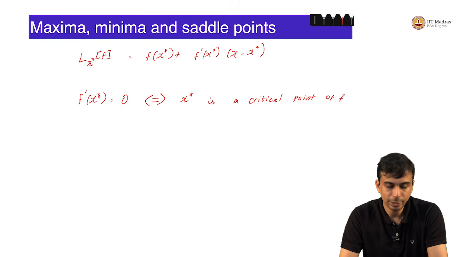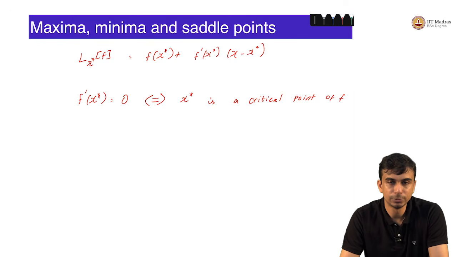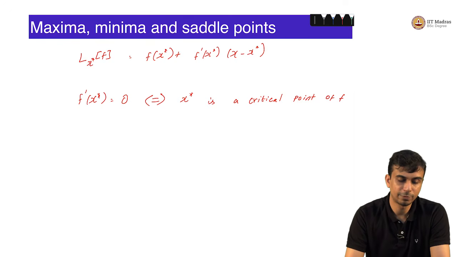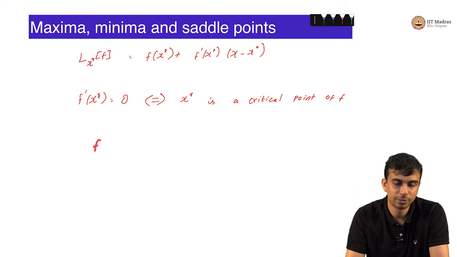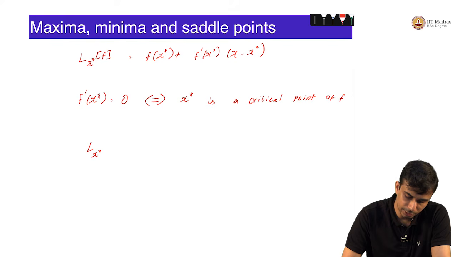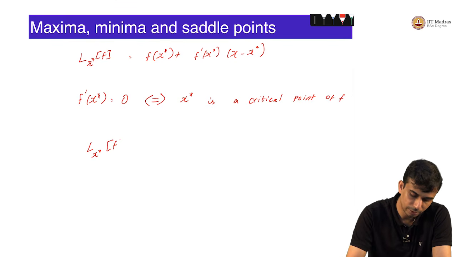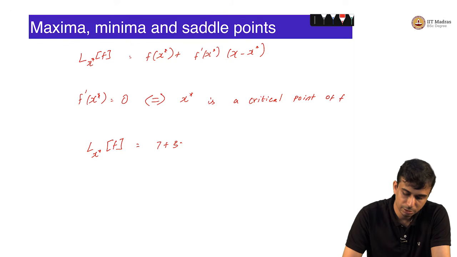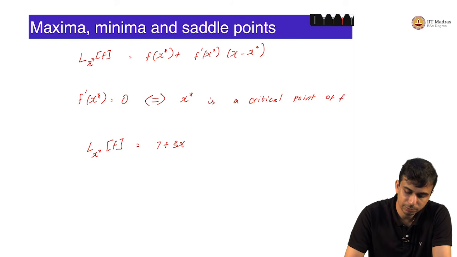If you have a point where f dash of x star is not 0, clearly the function is varying around the neighborhood of x star, right. Let us say L x star of f is equal to 7 plus 3x, it does not matter much.